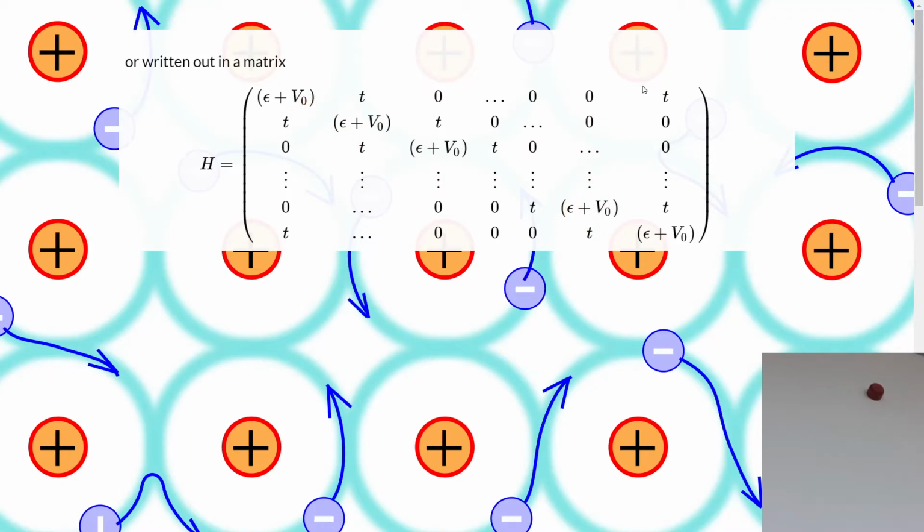It is a bit fiddly, but essentially this is the basic solid state model. It's called the tight-binding model of a 1D crystal. I'll look it up for you in a minute.